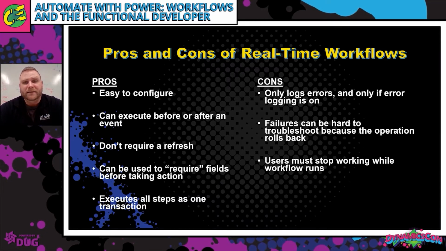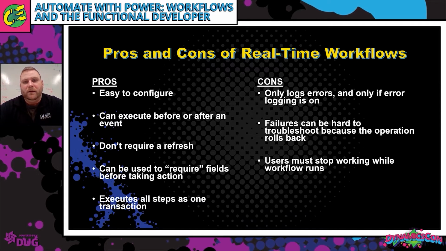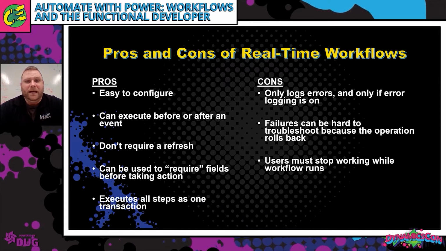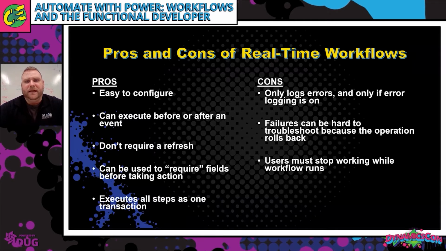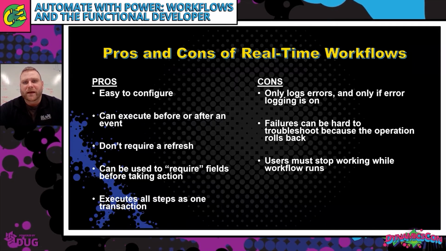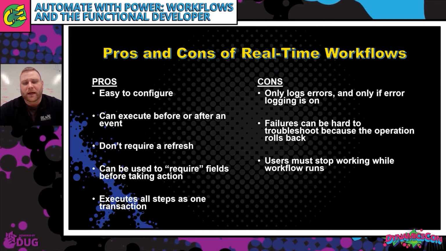Now, our cons: it only logs errors if error logging is on. It's not going to show you whether or not the workflow is successful. It's not going to really give you any good data as far as why the workflow failed without the error logging on.